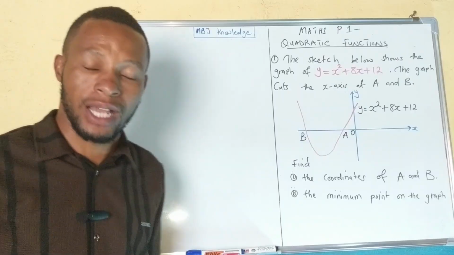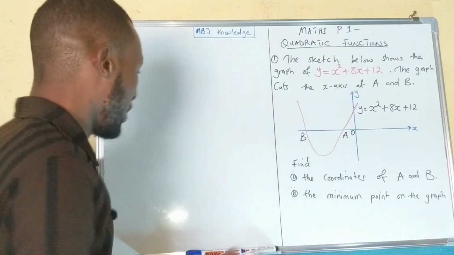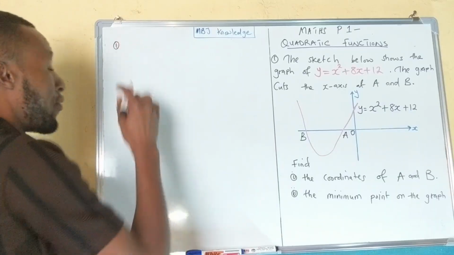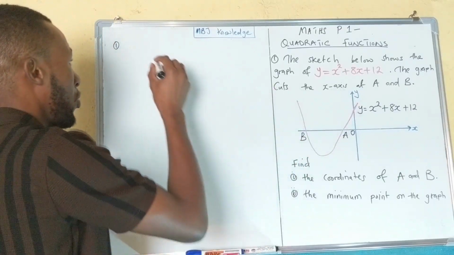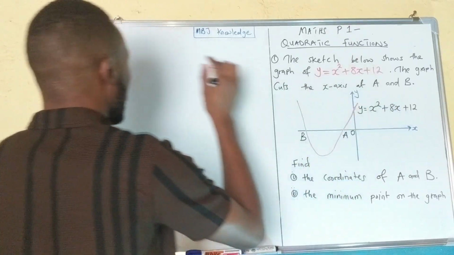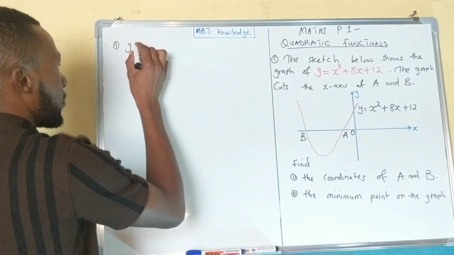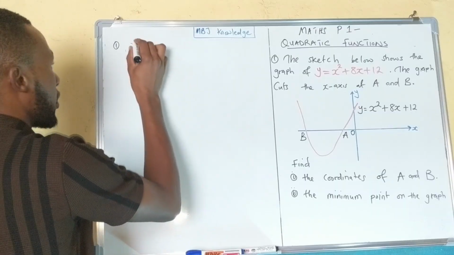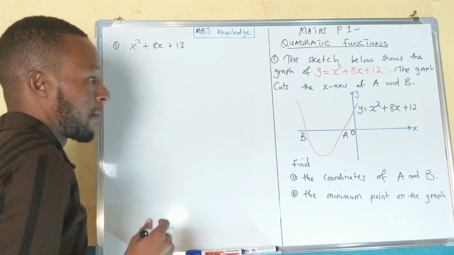How do we go about that? Finding x-intercepts here on the parabola is easy, if you know the steps that you're supposed to take. So in this case, you bring down your equation. So y equal to x squared plus 8x plus 12.